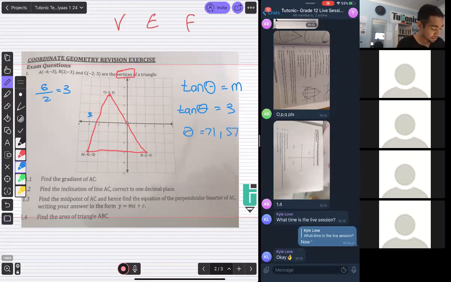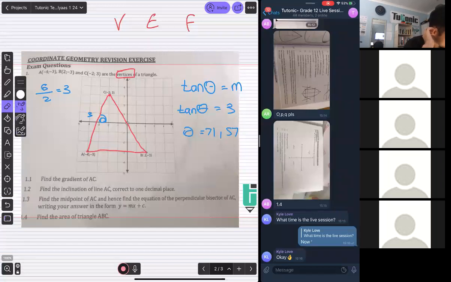Okay. So yeah, the angle of inclination is this angle. But what I want you guys, I think I mentioned it in the last class, angle of inclination is telling you the angle that your line makes with the positive x-axis.